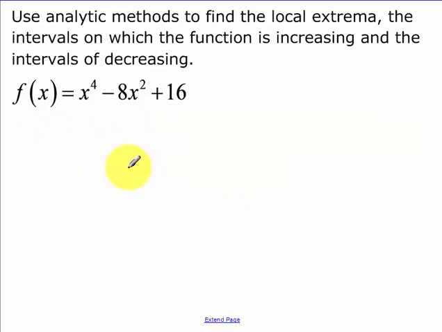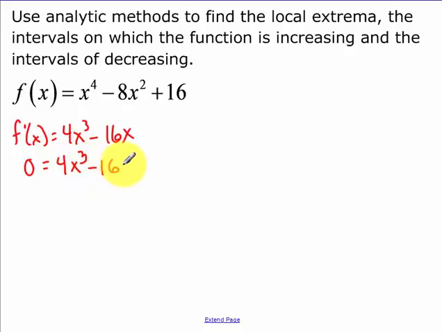Okay, using analytic methods, find the local extrema, and then the intervals of increasing and decreasing. So we find the first derivative. That's your first step. And you set that derivative equal to 0, and you figure out where the derivative is undefined. Now this derivative is never undefined, so we don't have to worry about that.